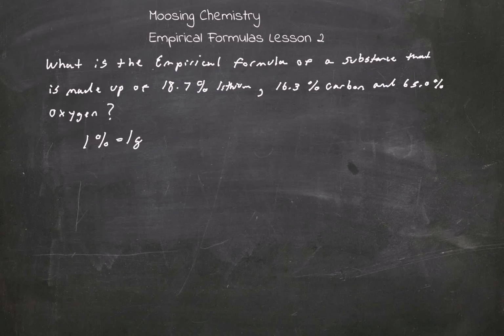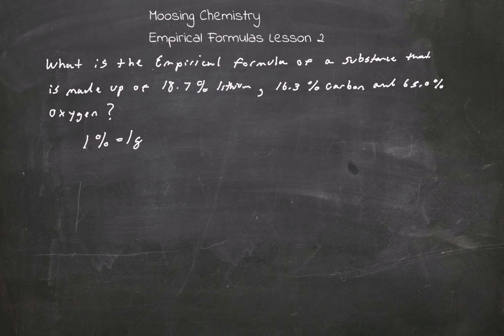It's also important that if you add up all these percents, we have approximately 100%. Let's double check that. 65 plus 16.3 plus 18.7 gives us 100%. So it's important that if you're going to use percent, you have 100% of something.